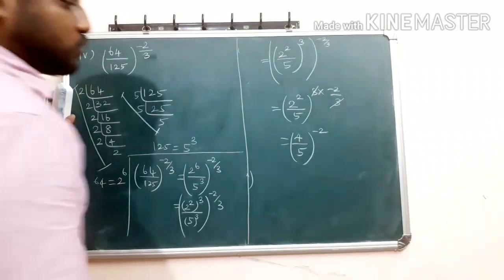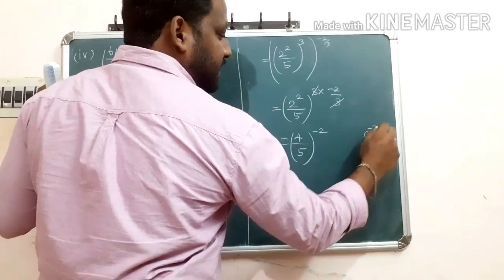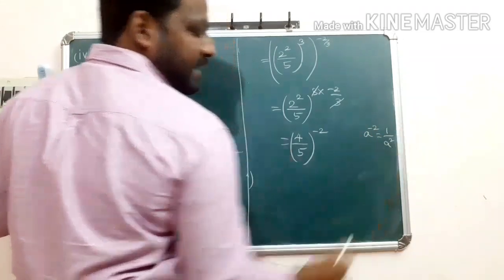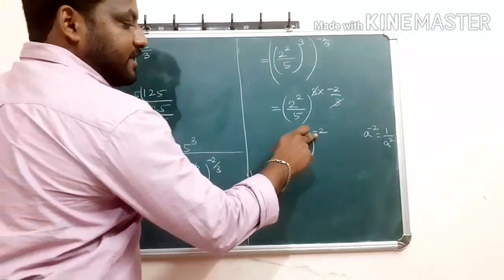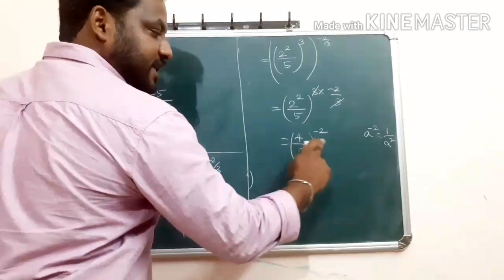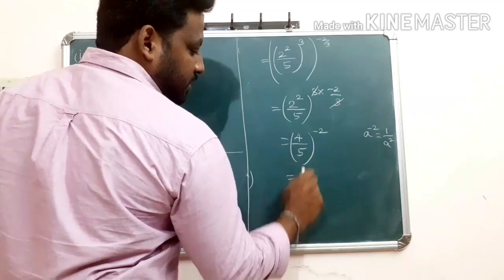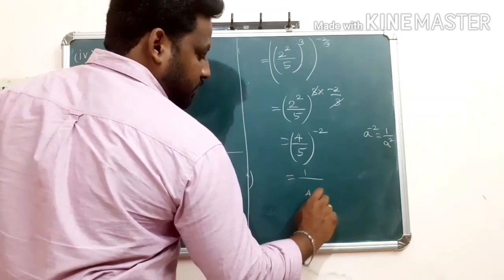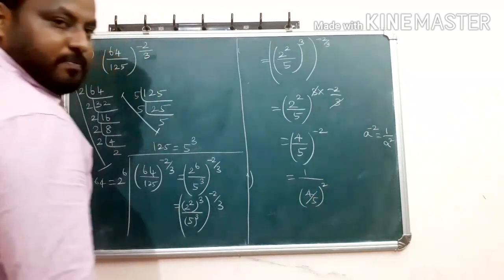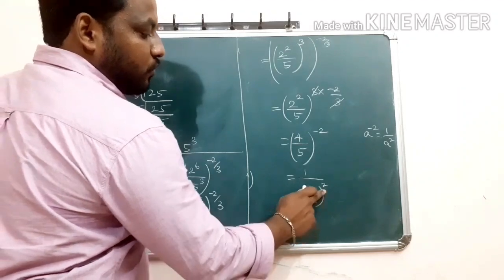I already told you a power minus 2 is written as 1 by a power 2. Inverse property. Same as here, minus 2 is there. If we have to change the power into plus, we have to write 1 by 4 by 5 the whole power plus 2.